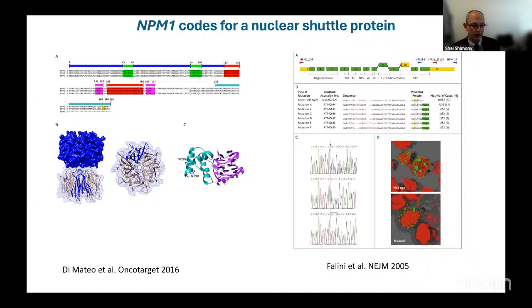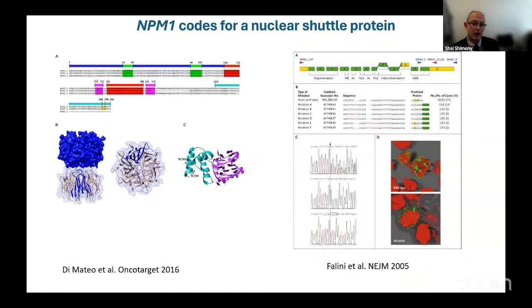What happens when NPM1 AML forms, here in red you see the nucleus of the cells, and the green is the NPM1, and the green is next to the nucleus of the cell. When NPM1 becomes mutated, it gets out of the nucleus, so it is out of the red area and dispersed in the cytoplasm of the cell.